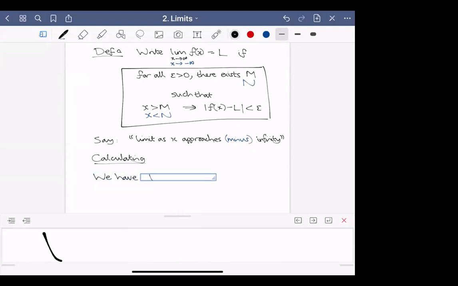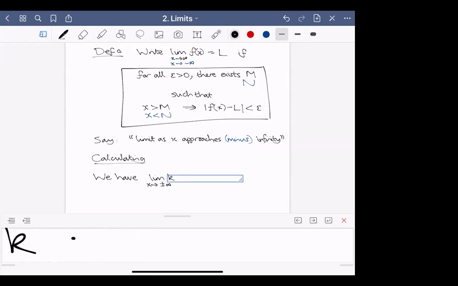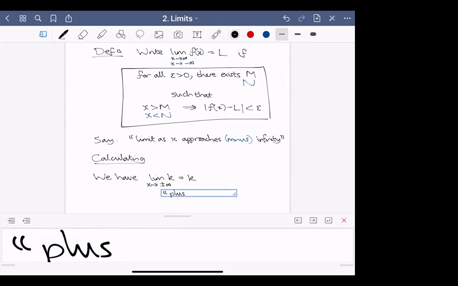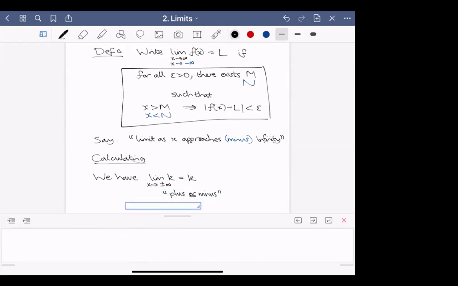So as before, with usual limits, we have the limits of the constant function. So here we mean the limit as x goes to plus or minus infinity of the constant function is of course that constant, the graph is just horizontal.